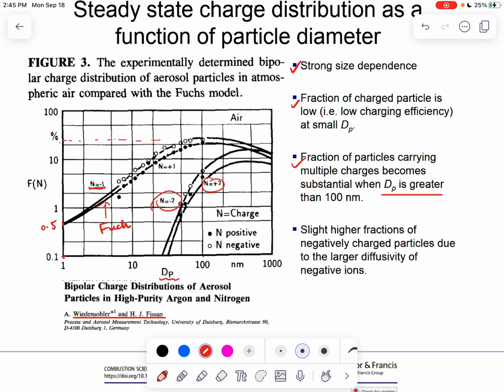These are the charging efficiencies of particles carrying +2 or -2 charges, and their ratios are actually below 0.1%. You can neglect them when the particle size is below 20 nanometers. So the fraction of multiple charging is really small when the particle size is relatively small.